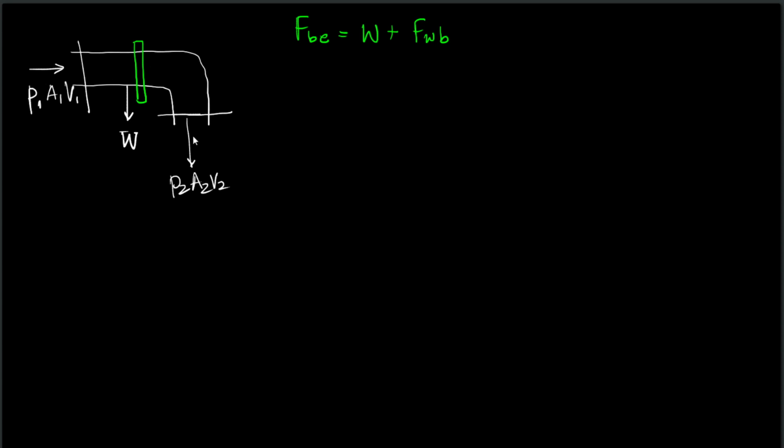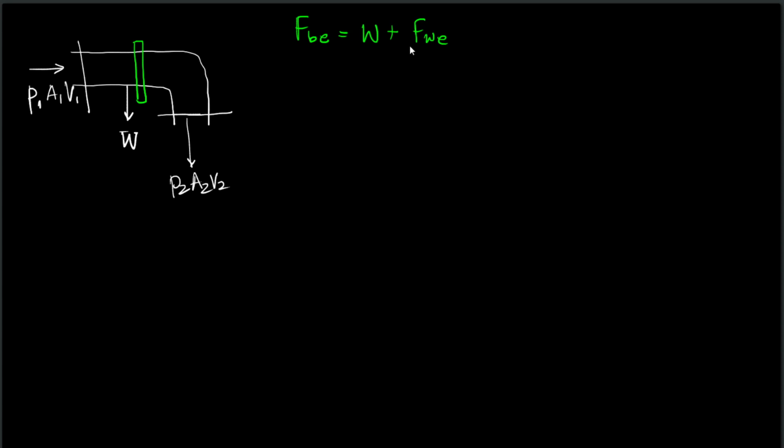Because of this bend, you can imagine the pipe will try to move like this, but we have to quantify that. So the force because of the bracket on the elbow will be equal to the weight of the elbow plus the force acting because of the water on the elbow.